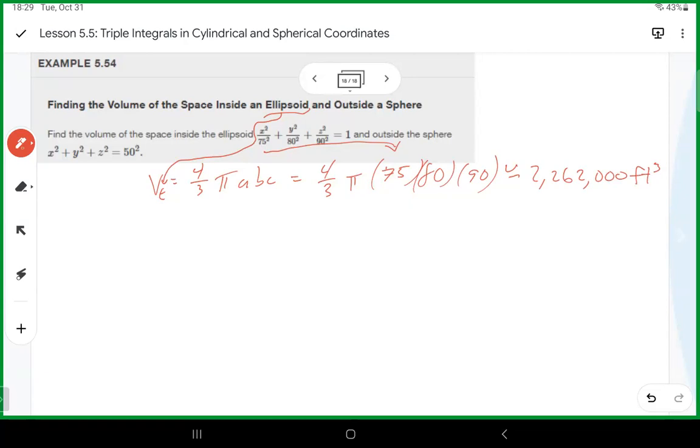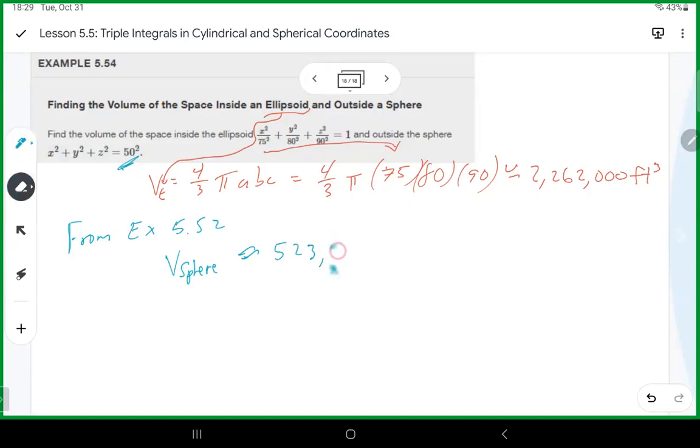All right, so from example 5.52, so still this section, we know that the volume of a sphere, for this case, for the 50, remember, was 523,600 feet cubed. So therefore, for the volume of the space inside the ellipsoid and outside the sphere, we're going to subtract the two.